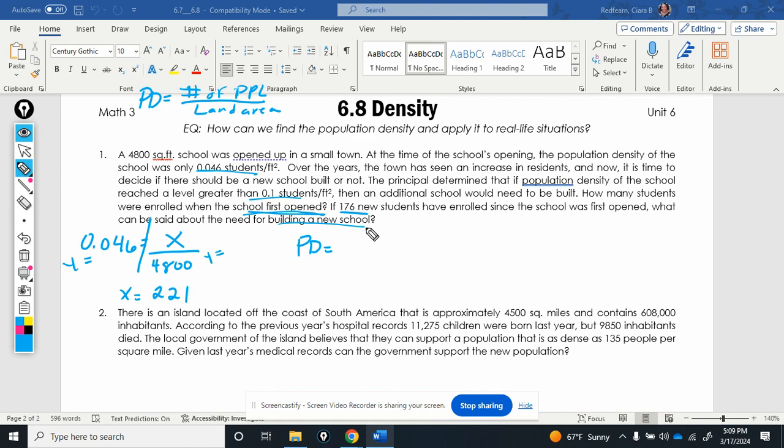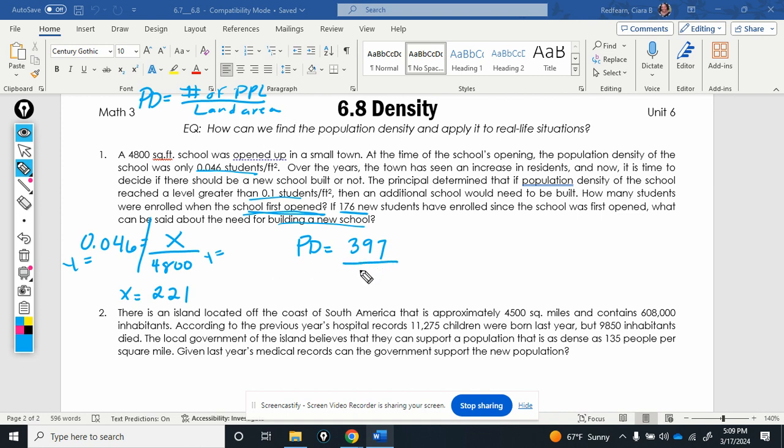We said since the school was built, there are 176 new students. So if I take my original amount of students, which we just found, which was 221, and add 176 to that, that gives me a total of 397 students. That's my new population, my number of people, over the land area.